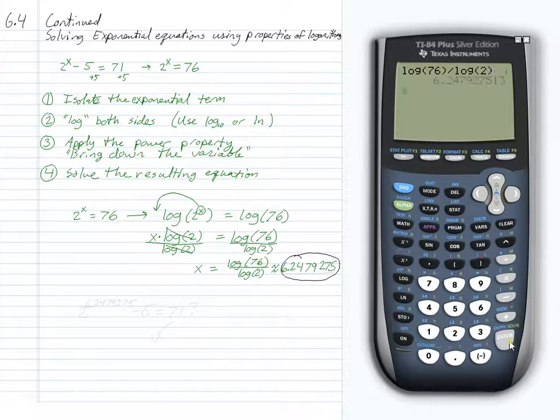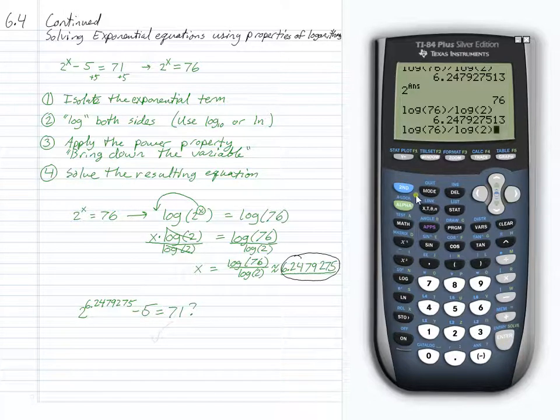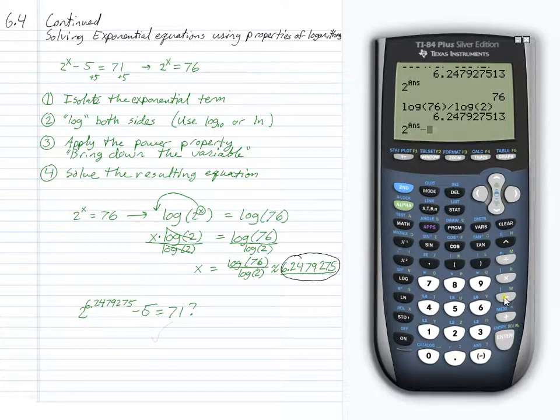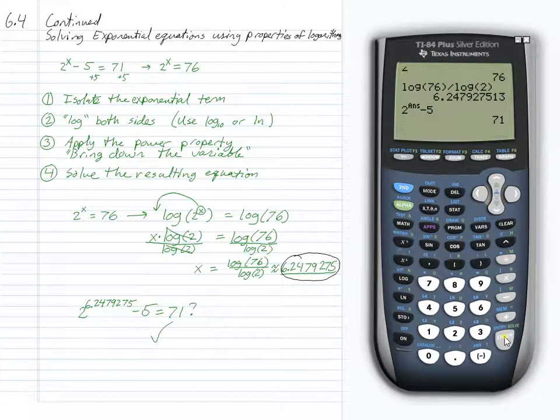We can check our work in the original equation by plugging 6.2479275 in for x. And plugging this value in, I see that this equality is valid.